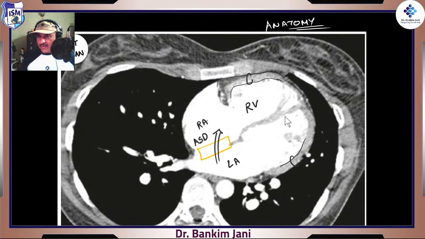Since the beginning we are saying that our left ventricle is always stronger and more powerful than the counterpart, the right ventricle. But here our left ventricle is this much, and our right ventricle is also this much. Both are equally strong. Why so? Because it is right ventricular hypertrophy. Very nicely seen.